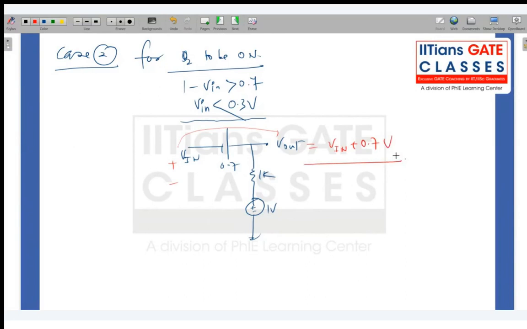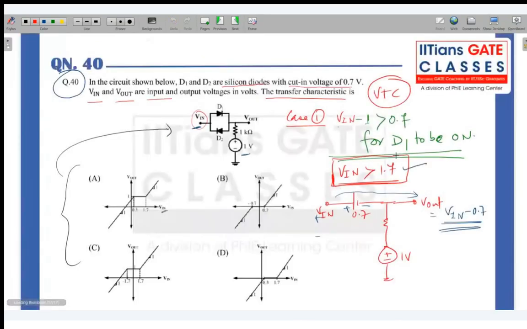Now you have found the boundary for the input. If input is greater than 0.7, then D1 will be on. If input is less than 0.3, D2 will be on and D1 will be off. But suppose your input is between 0.3 and 1.7.